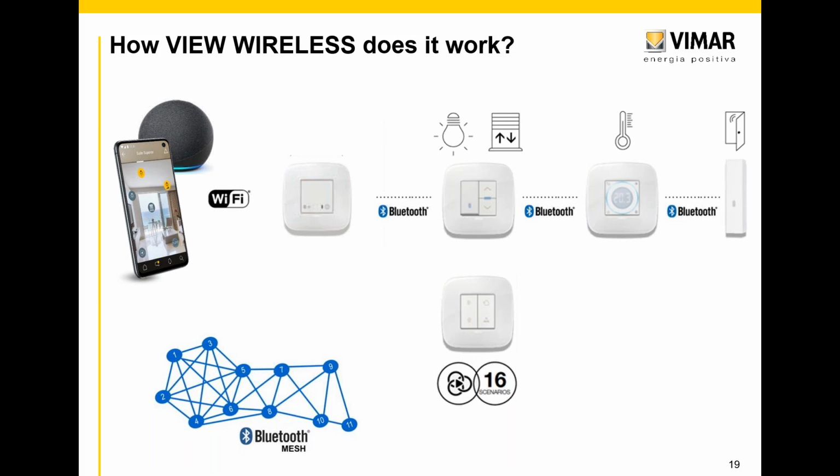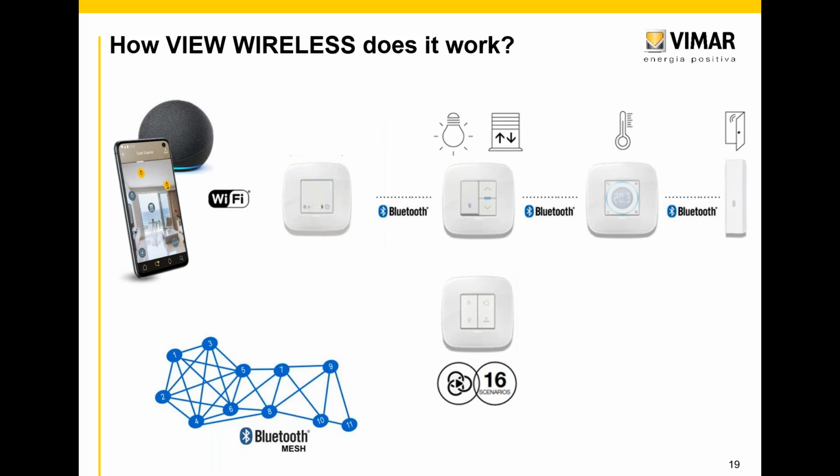That each device is also a repeater of the signal. So we no longer have the direct star connection, device to gateway, but a mesh connection. Every device talks with more than one device at the same time, and every device also amplifies and retransmits the signal, creating a real mesh.